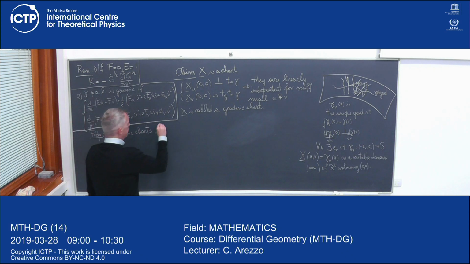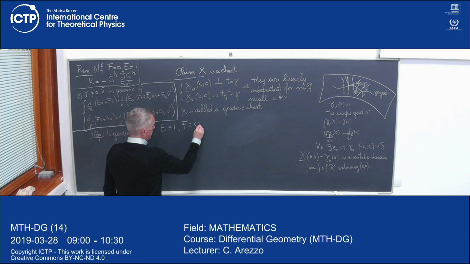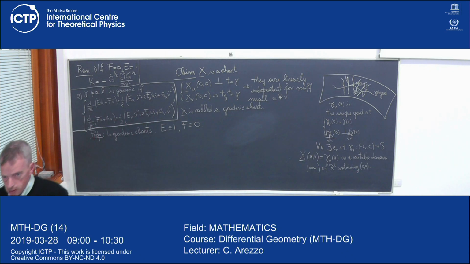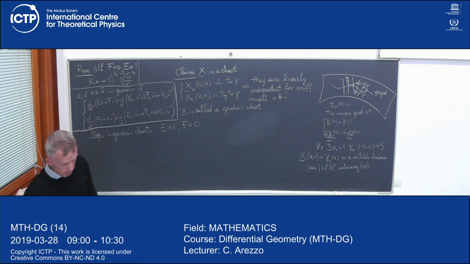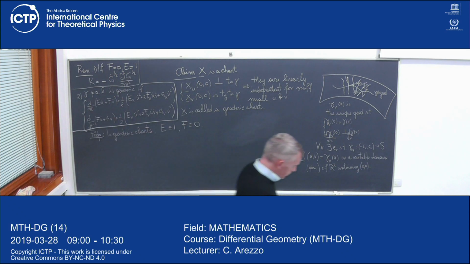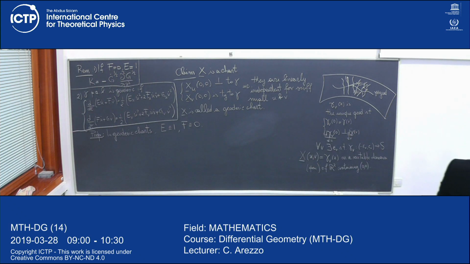I claim that E is equal to 1 and F is equal to 0. This is the famous system of coordinates which puts the first fundamental form in a very canonical form. Okay, let's prove it.